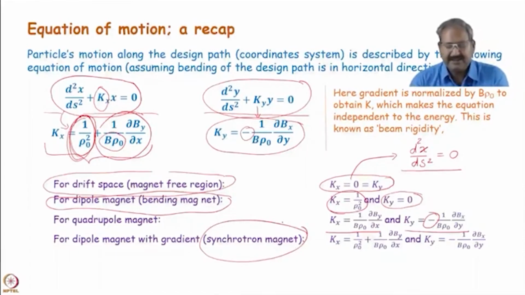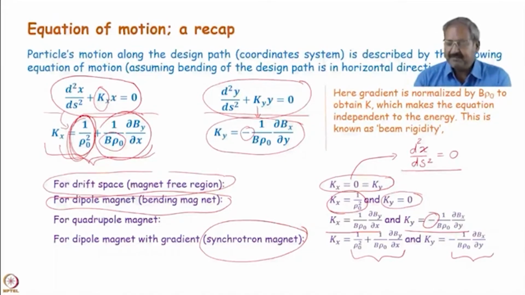In this kind of magnet, we have the curvature as well as the gradient effect. So Kx will consist of the curvature part as well as the gradient part. And in Ky we have only the gradient part. Now again here you can see, by introducing the gradient, you are actually introducing the quadrupolar component in the magnetic field.